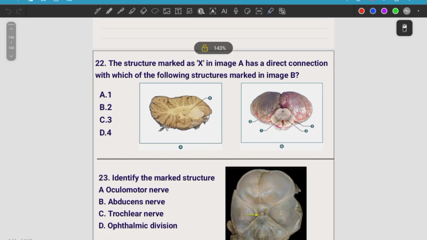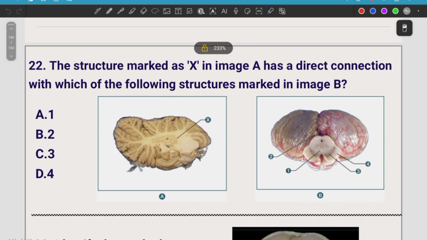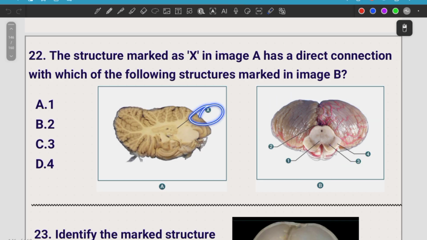Coming to the 22nd one, the structure marked as X in the image A has a direct connection with which of the following structures marked in the image B. Okay, this X has some connection with one structure in this 1, 2, 3, 4.